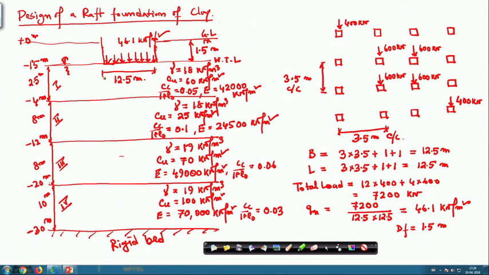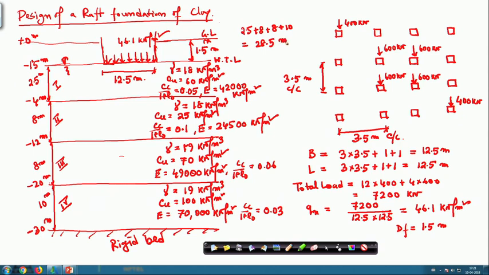2.5 into 12.5 into 2, that means 25 meter is the influence zone, but my thickness of the layers before the rigid bed is 2.5 plus 8 plus 8 plus 10. So, the total thickness will be 2.5 plus 8 plus 8 plus 10, that means it is equal to 28.5 meter.